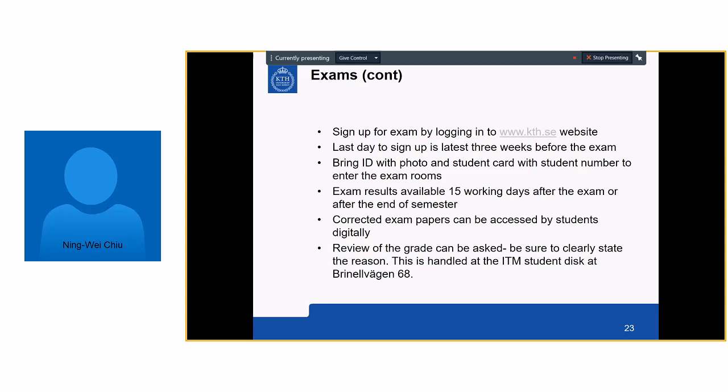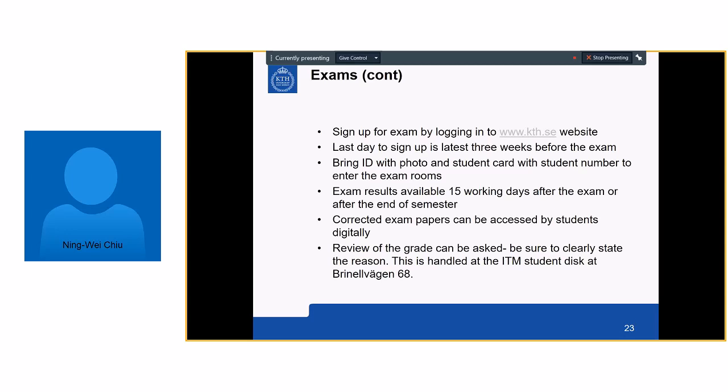And then you can check your exam at the student desk. So if you go to Brinellvägen, Energy Technology Department, there's an Expedition Nord. That's the student desk, and that's where you can ask for the exam. Because if you're thinking, oh, you should get an A, but you get an E, for instance, or you think that something must have gone wrong, then you can ask to see the exam paper with the corrections on it.